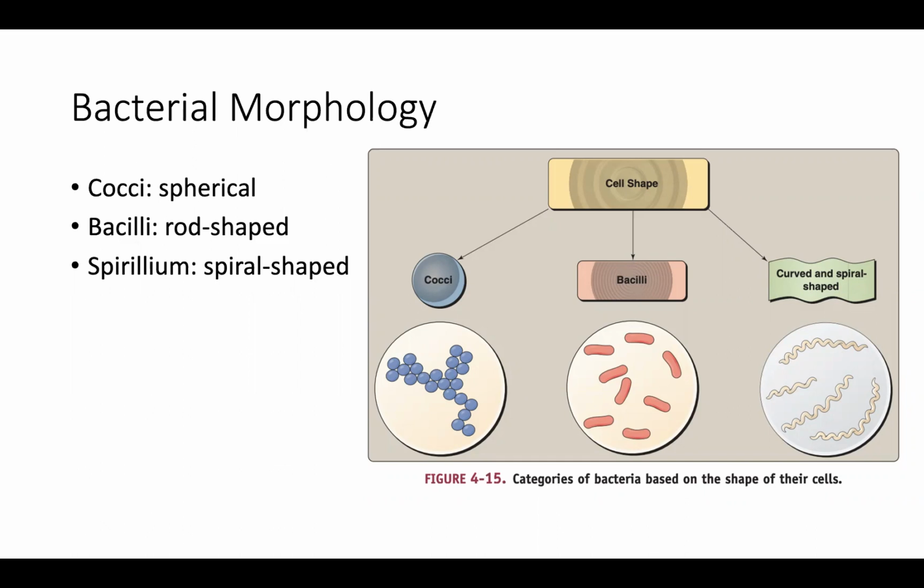Okay, these are three general morphological shapes of bacteria. All right. Cocci are typically going to have this spherical or circular makeup. These cells are going to appear sort of like a sphere or a circle. Okay. Cocci.